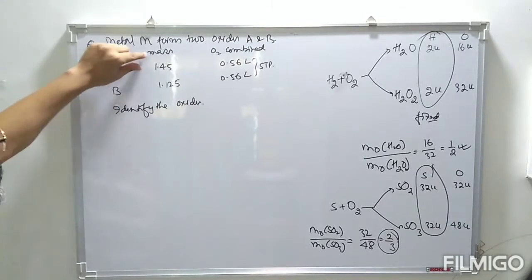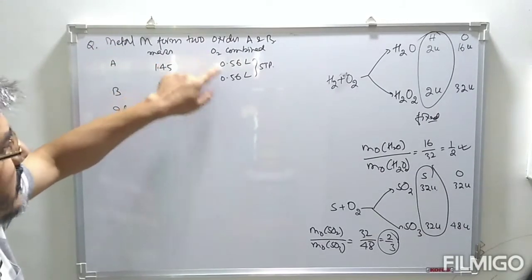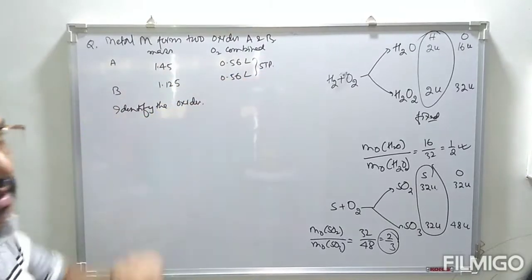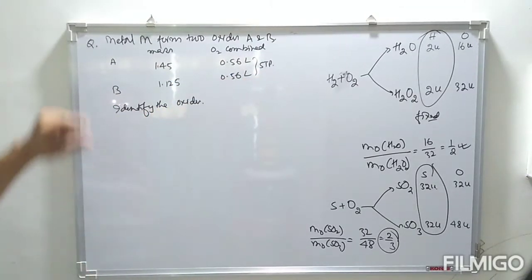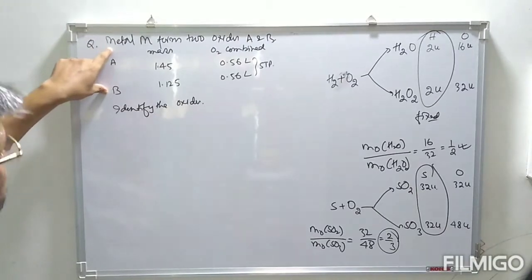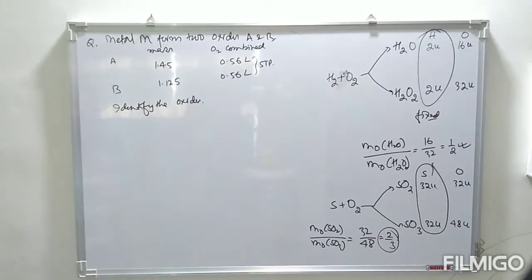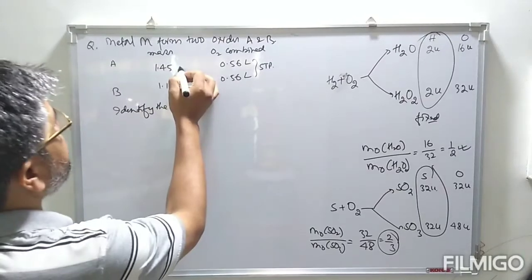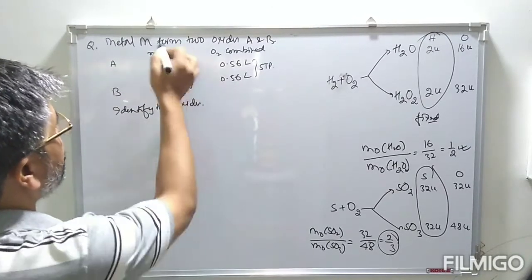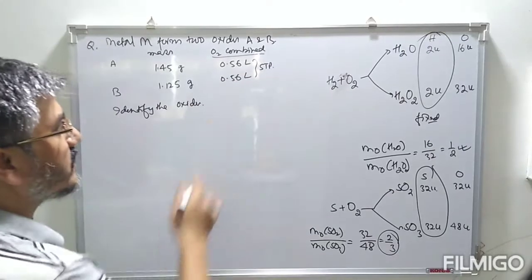Oxide B: mass of oxide is 1.125, oxygen combined is 0.56 liter at STP. If the law of multiple proportion was followed, identify the oxides. So the mass of oxide is given in grams. Oxygen combined is given in terms of liters at STP.